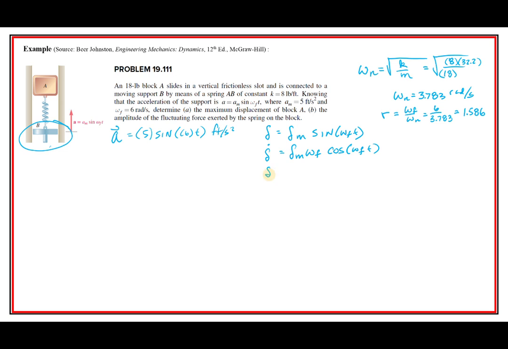And then we get del double dot, which is the acceleration. We get negative del m omega f squared sine of omega f t, right?